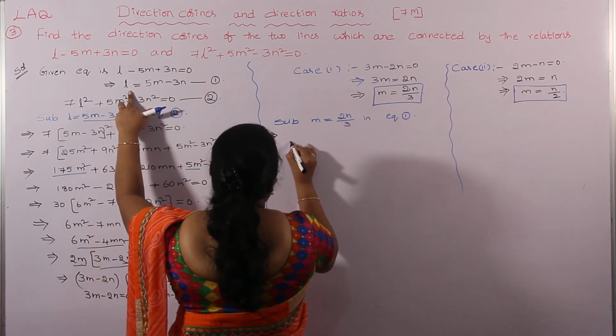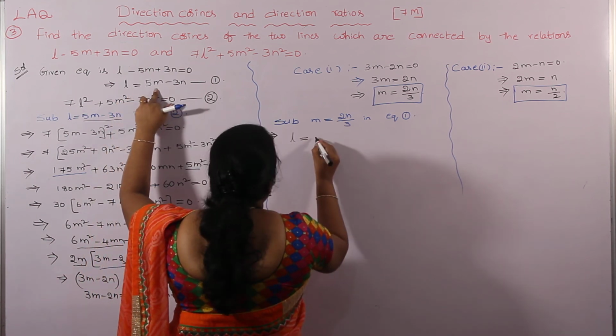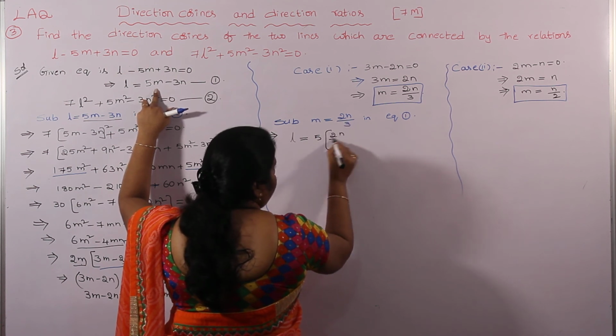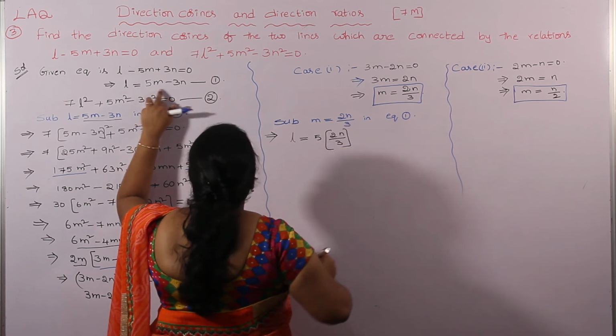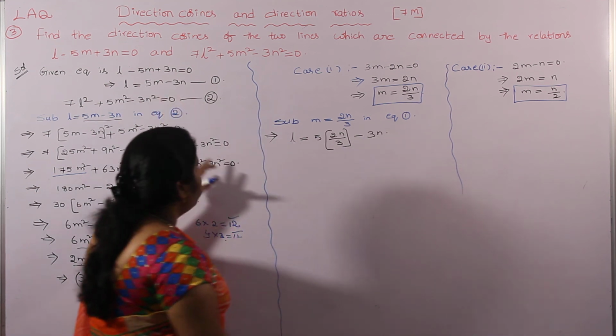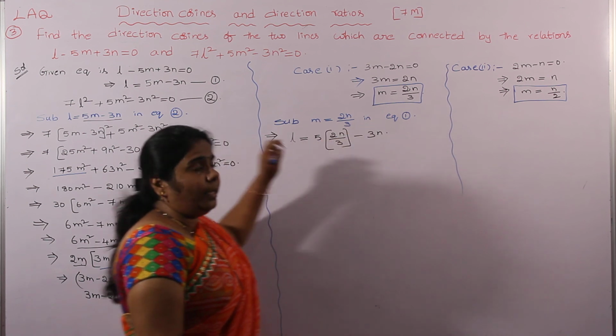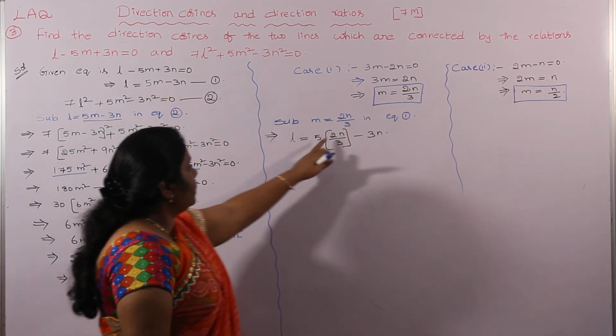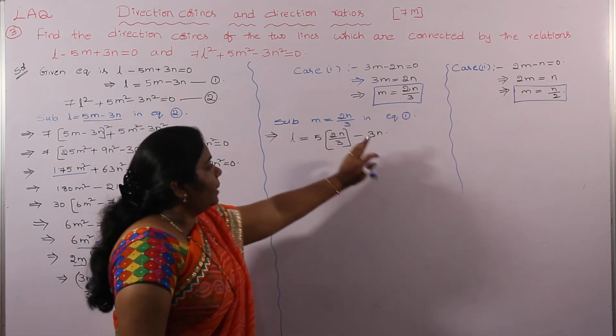L is equal to 5 into m, m is 2n by 3, minus 3n. Substitute m equal to 2n by 3 in equation 1. L is equal to 5 into 2n by 3 minus 3n.